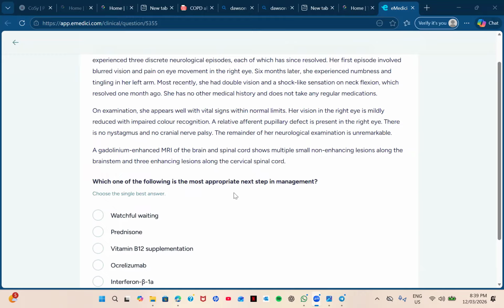The gadolinium enhanced MRI of the brain and spinal cord has shown multiple small non-enhancing lesions along the brain stem and three enhancing lesions along the cervical spinal cord. Which one of the following is the most appropriate next step in management? What do you think, doctors?